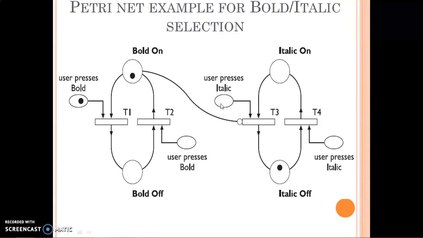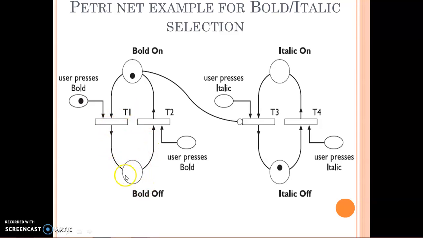The rule is that if all the places with the arcs going into the transition have a counter, then the transition can fire, and all the counters from the input places are removed and a new counter is placed on the output of the transition, as we can see over here. In the figure, there are counters in both the input places of the transition T1, which will therefore fire, leaving a single counter in the place bold off.